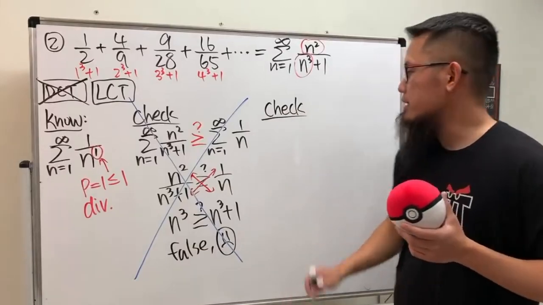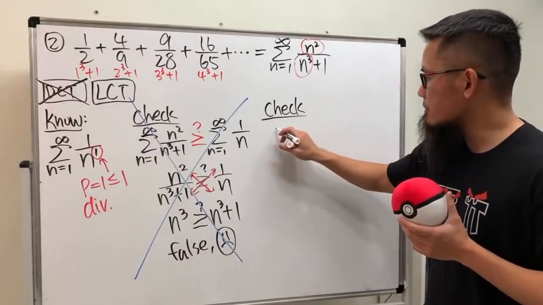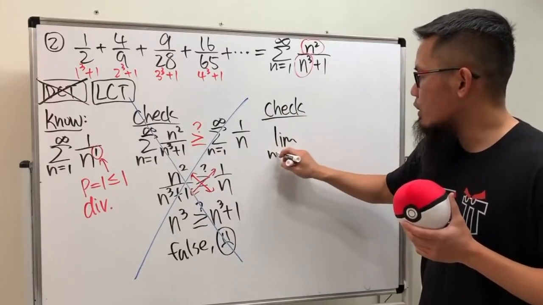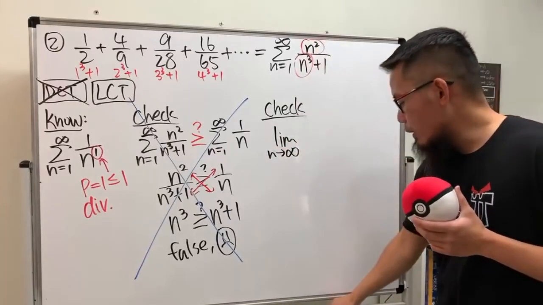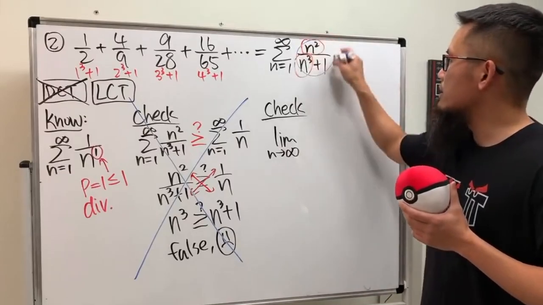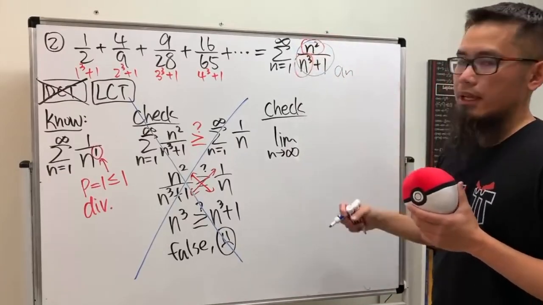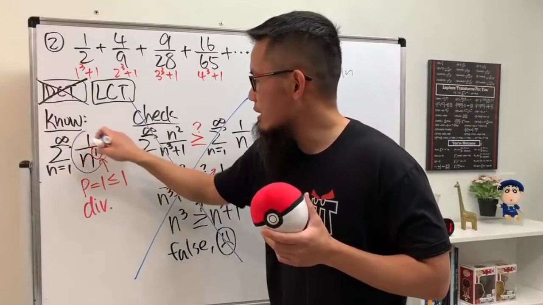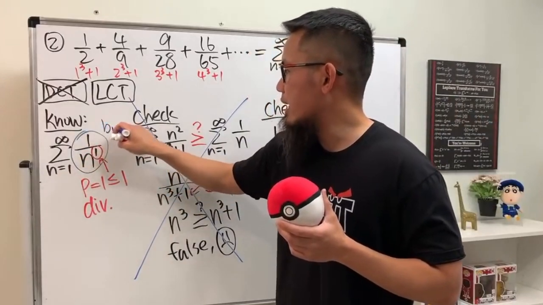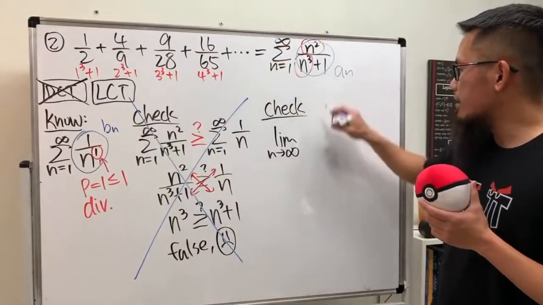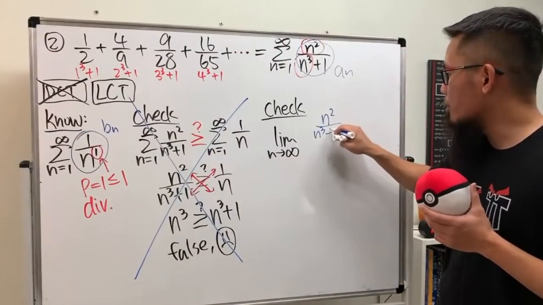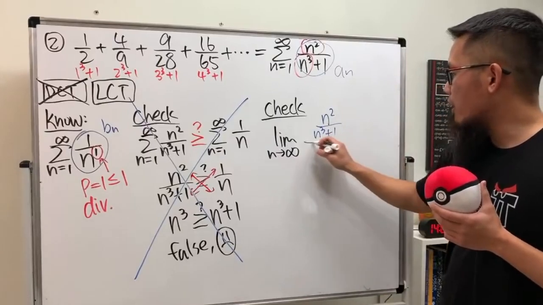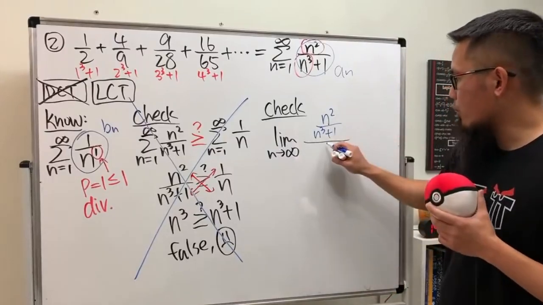The check is, we will take the limit as n goes to infinity. Remember, a_n is the one that we are trying to do, this whole thing, and the one that we know and that's much easier is b_n. We write down a_n over b_n, which is n squared over n to the third power plus 1, over b_n, which is 1 over n.